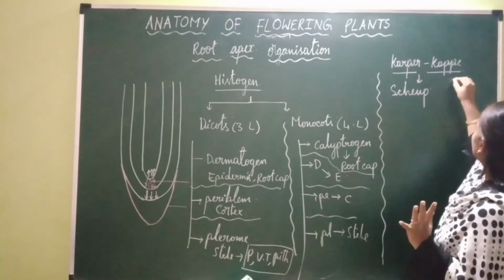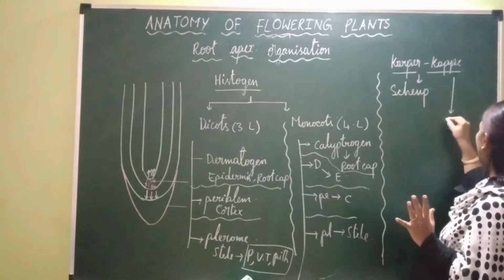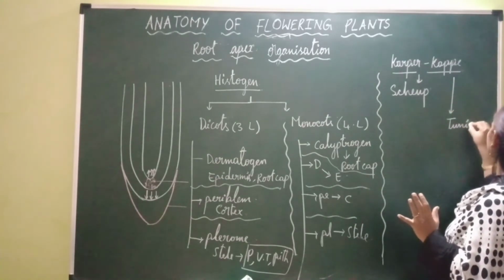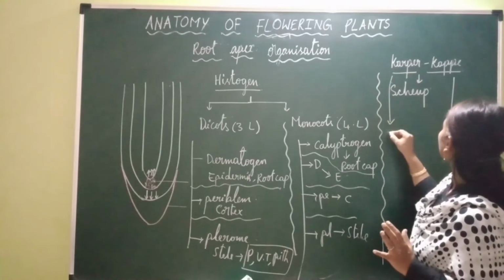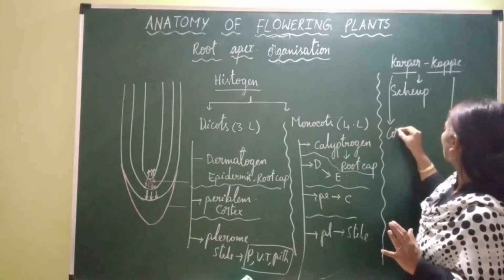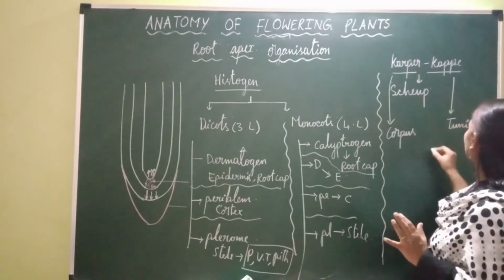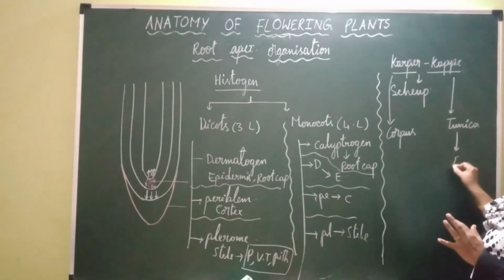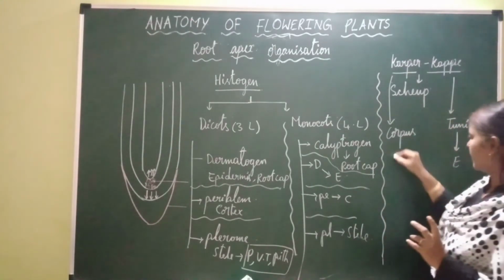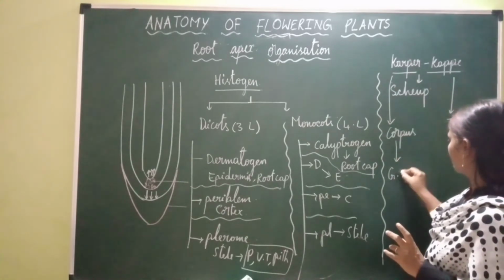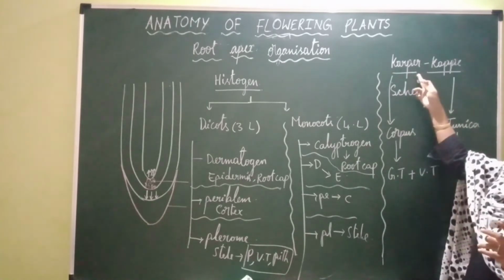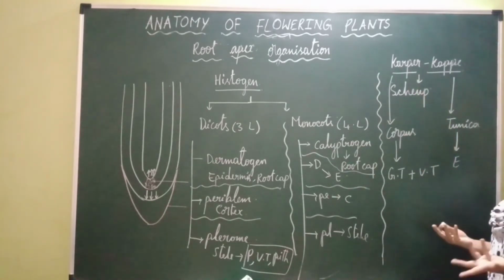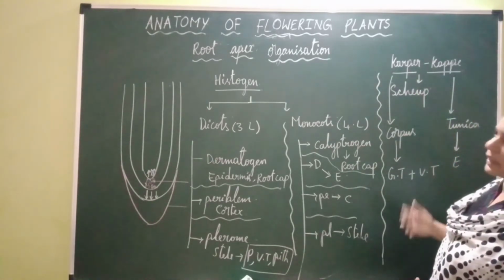Here Cape represents Tunica and Carper represents Corpus. This Cape is involved in the formation of only one layer, that is epidermis, and all the rest of the tissues, that is ground tissues plus vascular tissues, are formed by this Carper, which is similar to Corpus, which is multi-layered.